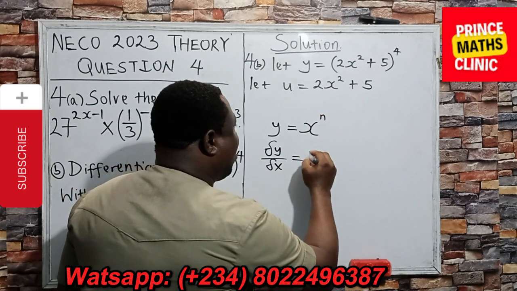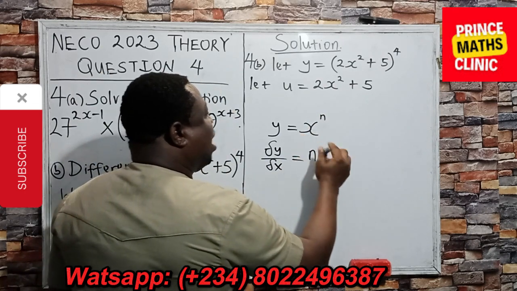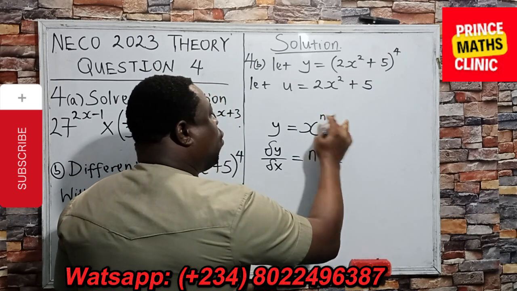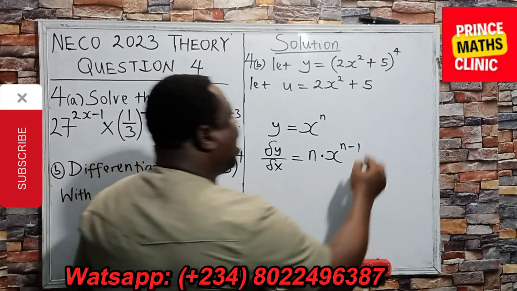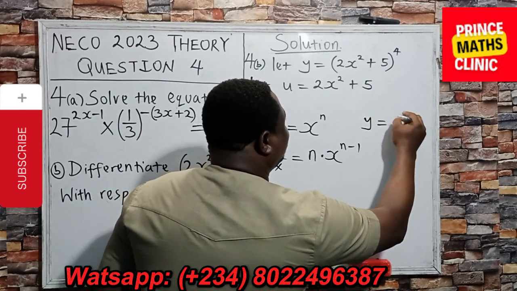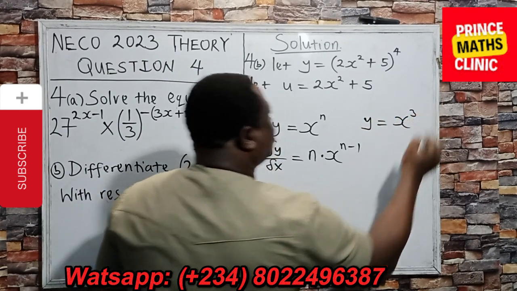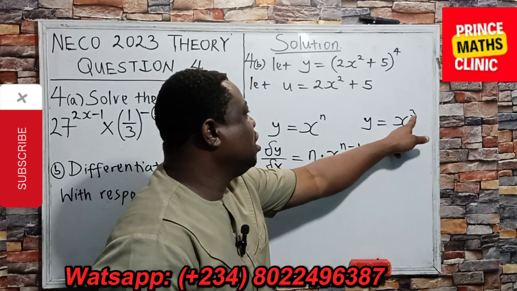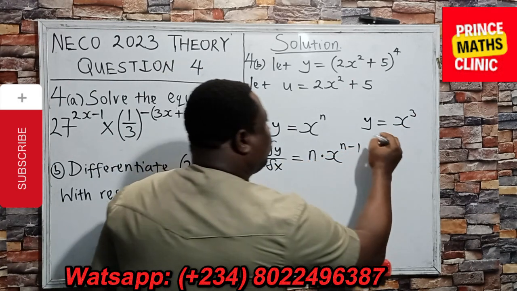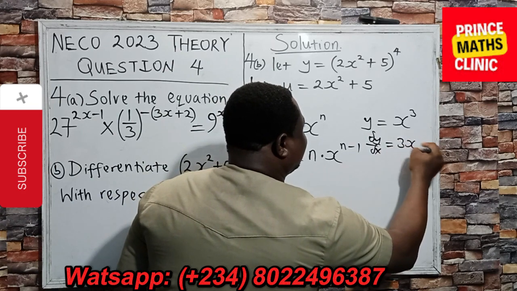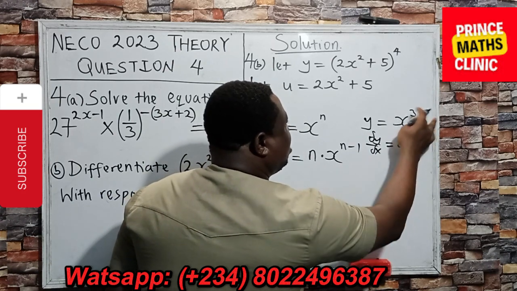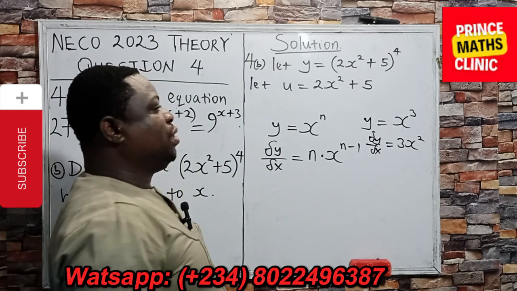You take the power, multiply it by what you have here, then you take 1 away from the power. So, for instance, if you have y equals x to the power of 3, you take this 3, multiply the x, you will get 3x. Then you take 1 away from the power. 3 minus 1 gives you 2.